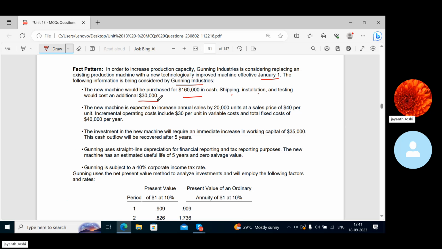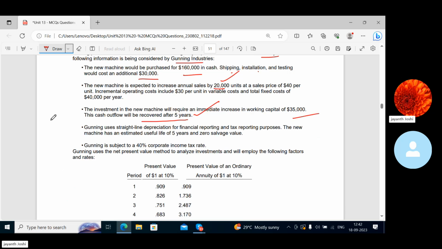Okay, the new machine will be purchased for the given price and all these things would cost this much. The new machine is expected to increase annual sales by this much. This is relevant information for us. And at a sale price of 40, incremental costs are also given. Investment in the new machine will require an immediate increase in working capital also, and they are going to recover it after 5 years.